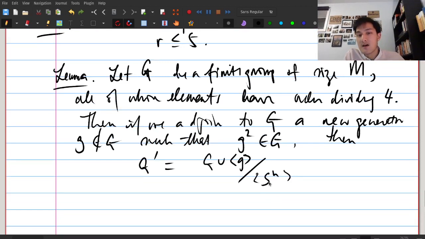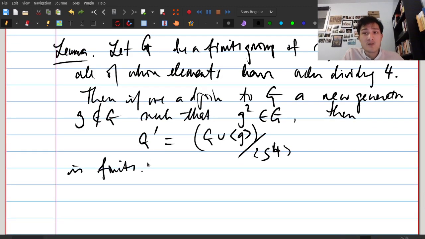You just make 4th powers equal the identity. So this group G prime, obtained by adjoining S and then making 4th powers equal to the identity, is finite.